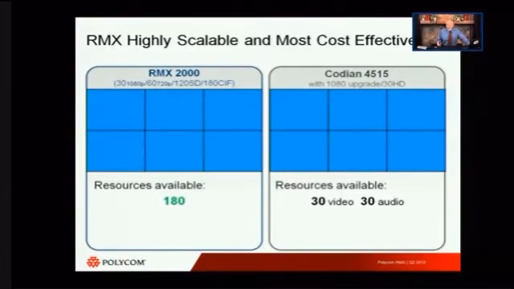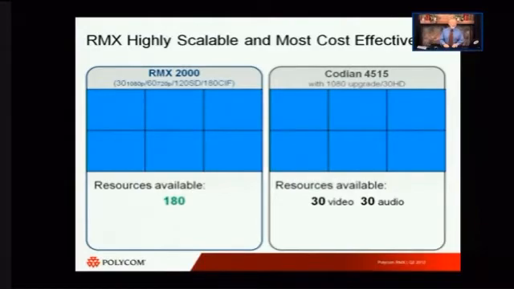We use resources in our bridge, and you buy the bridge based on how many resources you want to have in the bridge. In this situation, we wanted to give you a comparison between ourselves and our number one competitor, which is the Kodian 4500 series bridge. We've set up an ideal or similar configuration between the two boxes.